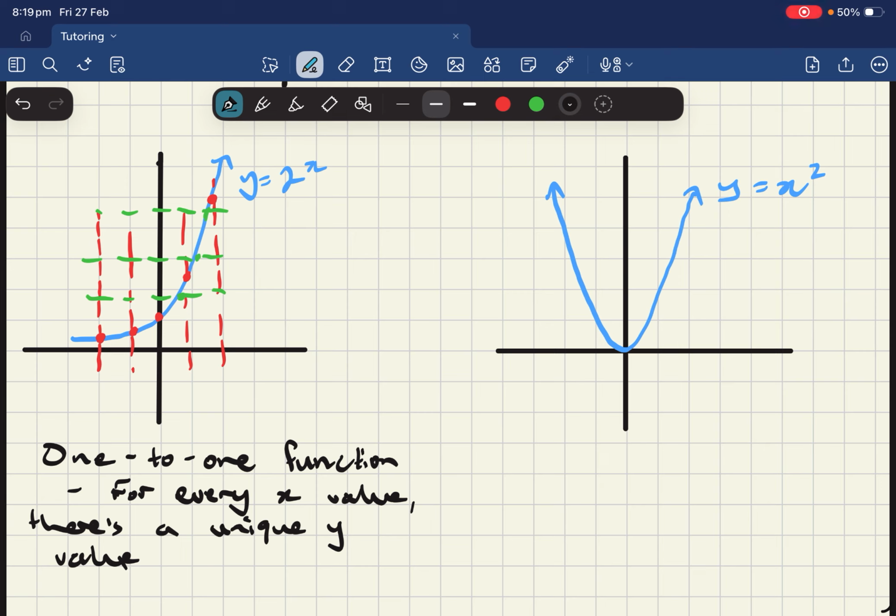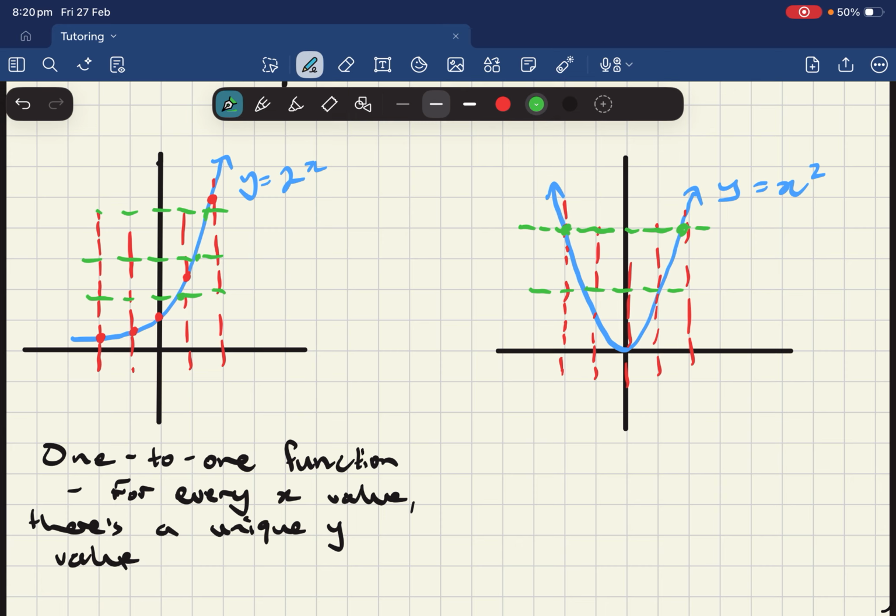Now, if we look at our quadratic on the right here, we can see that it passes the vertical line test. So every single time along here, we get an x value giving us just one y value. So it is a function, but what you'll notice is that if I draw horizontal lines through here, what differs between this one and the one on the left, the exponential, is that multiple x values produce the same y value.